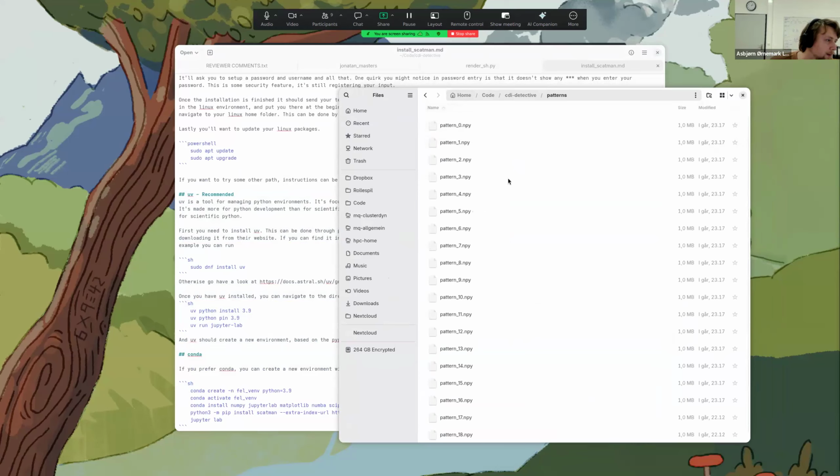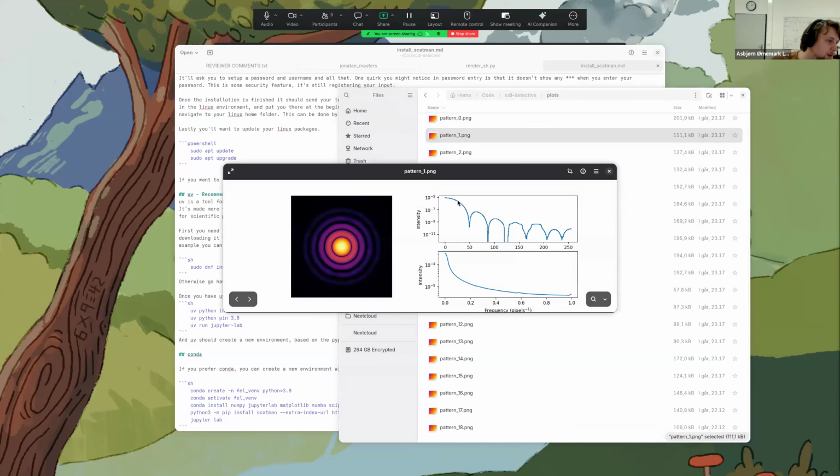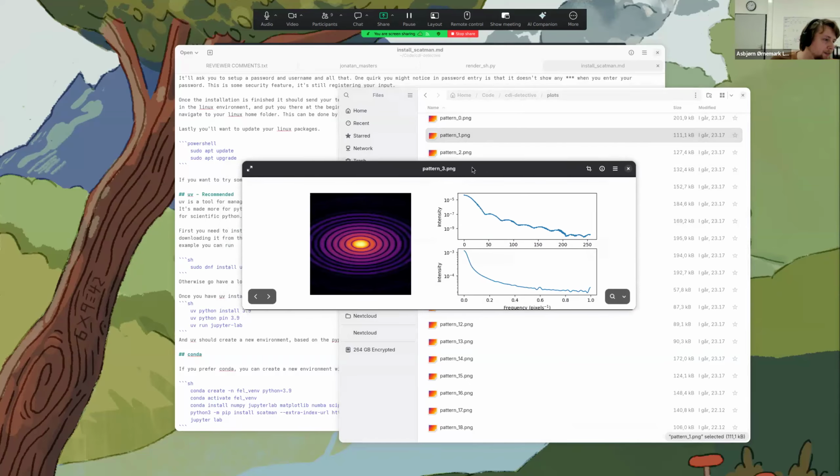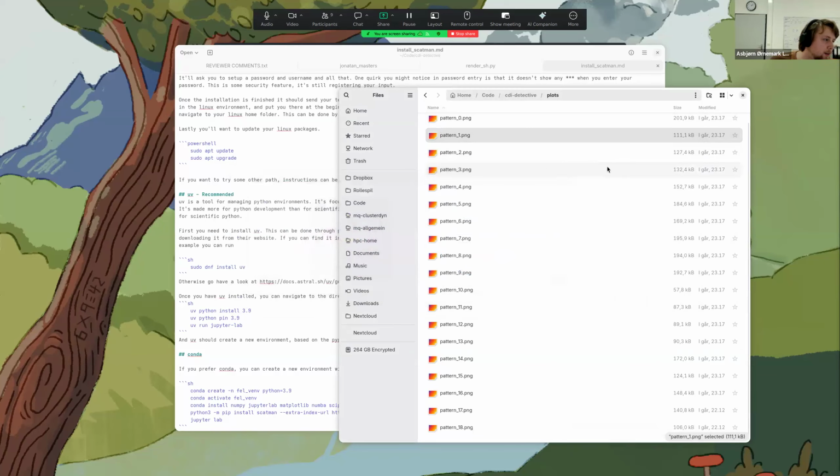But there's a folder full of patterns and a folder full of plots, and I thought it would be a fun semi-activity: if you want an excuse to play around with this Scatman, you can try to replicate these.